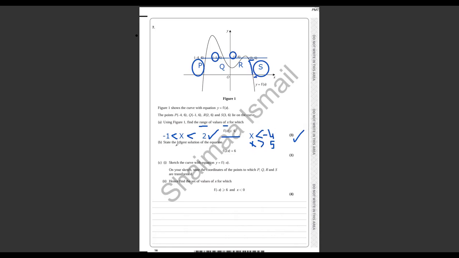Okay, state the largest solution of the equation f(2x) equal to 6, which we have to double.